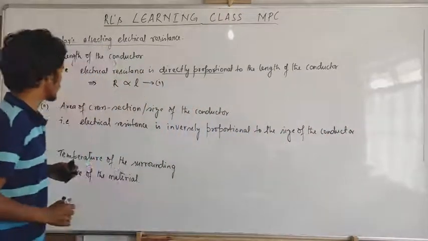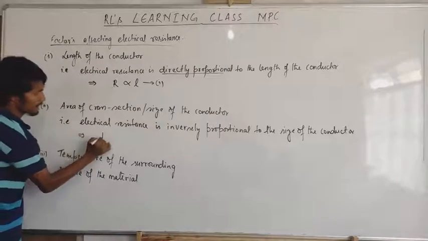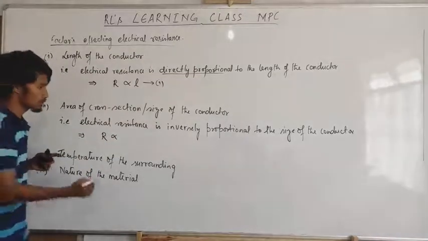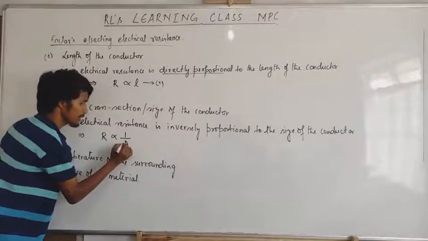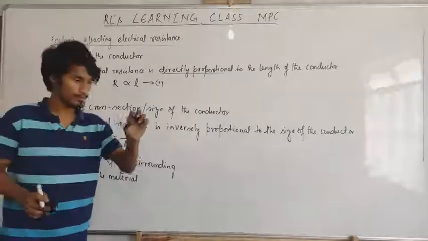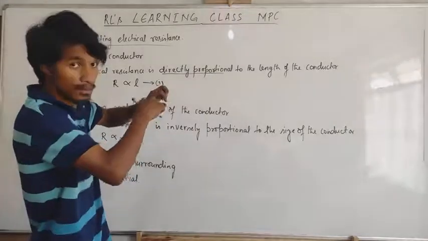Okay, we will write mathematically that R is inversely proportional to 1 by A. This A means the size, meaning this circle here.